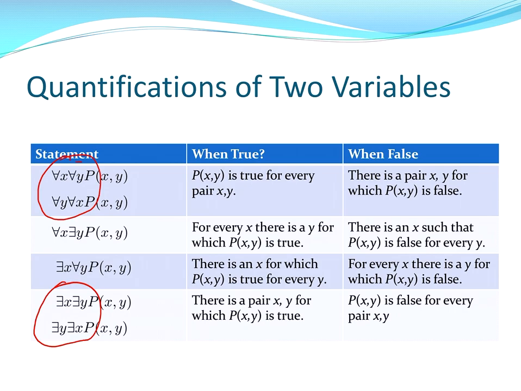And then there exists x such that for every y, P(x, y), that means we've only got to find one x so that it's true for every y. And if there's an x for which there's a y, for every x, if there's a y for which it's false, then it'll be false. But notice we don't consider the alternate ordering of these because those are not the same cases.